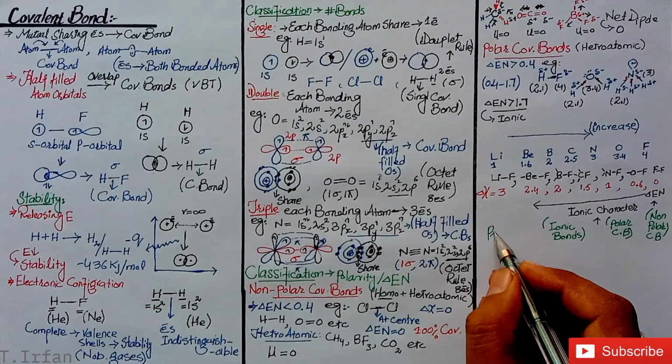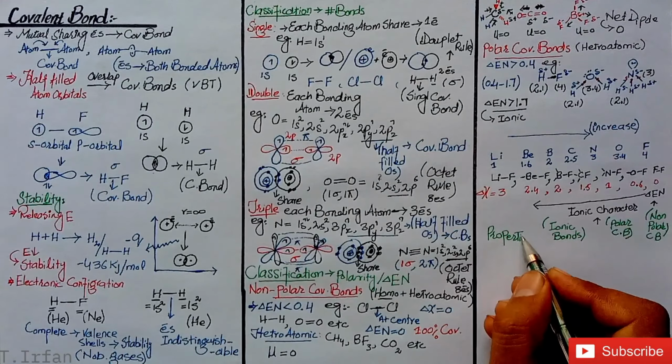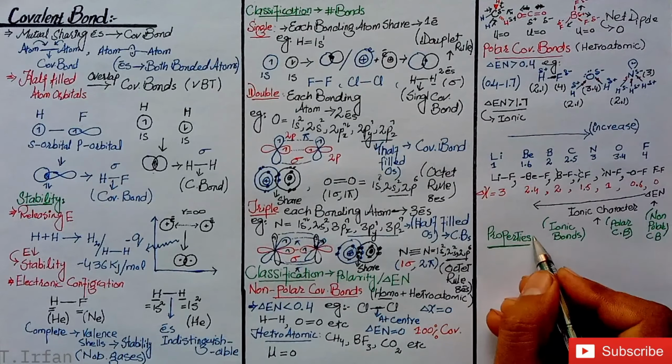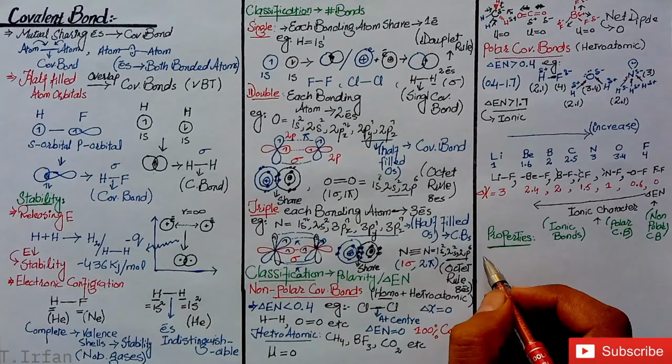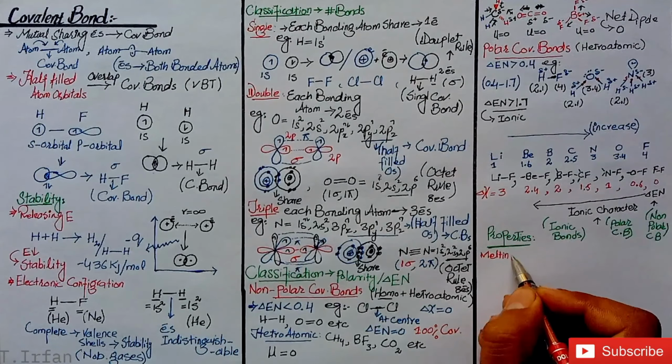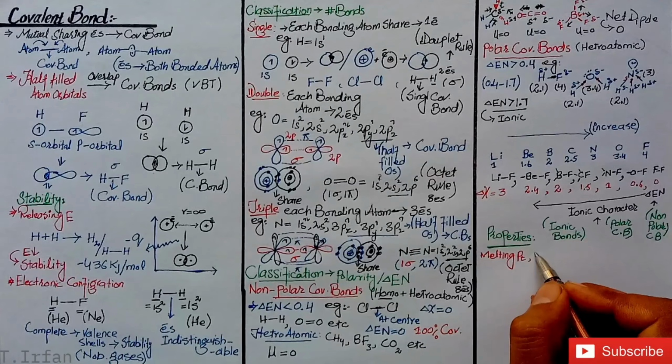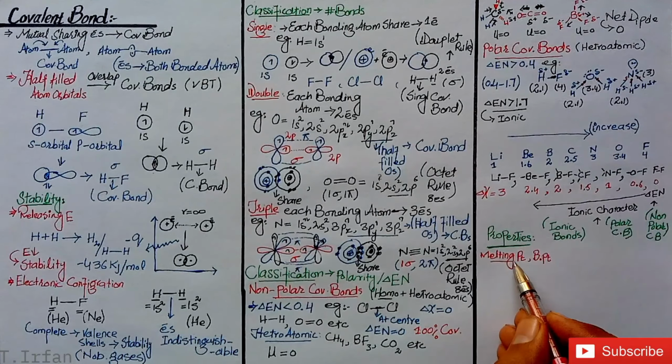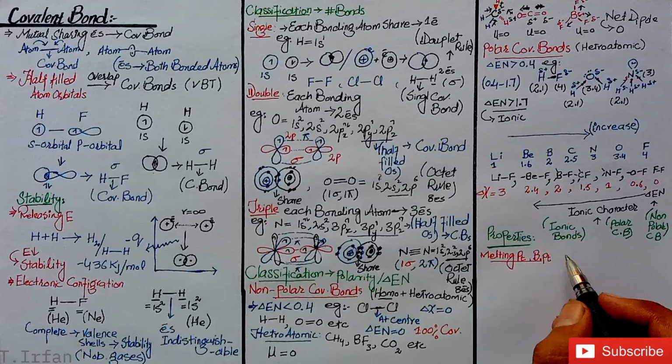Let us now discuss some properties of covalent compounds. Covalent compounds have low melting as well as boiling points as compared to ionic compounds.